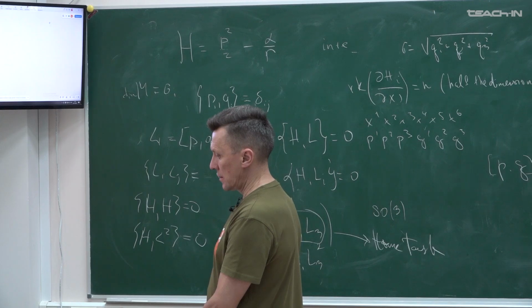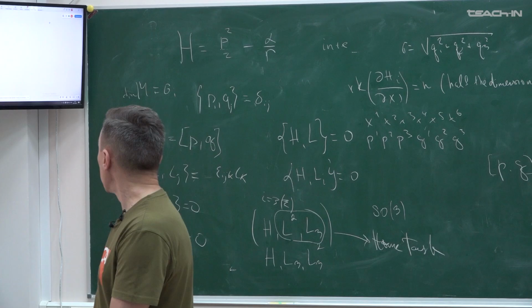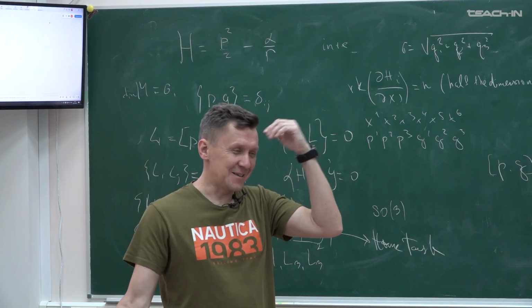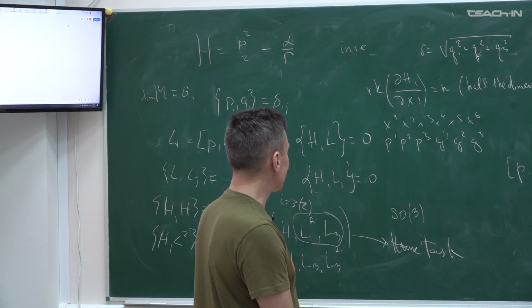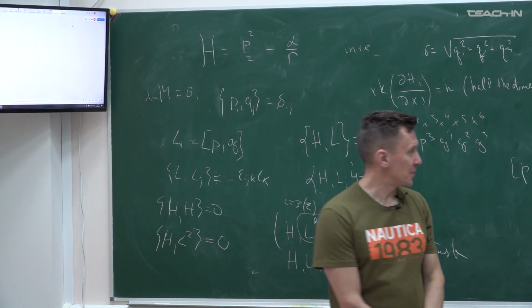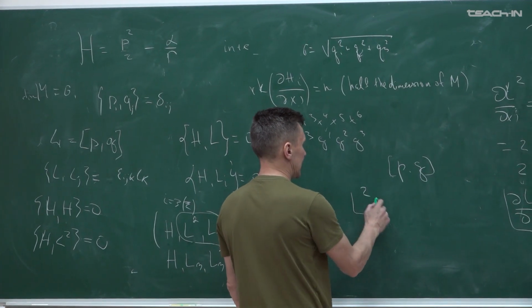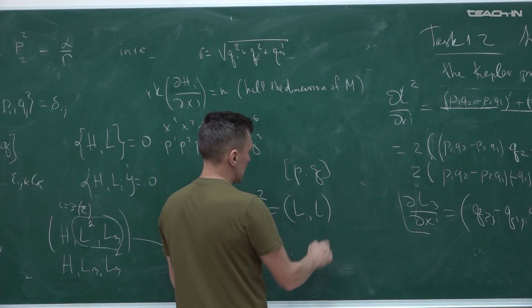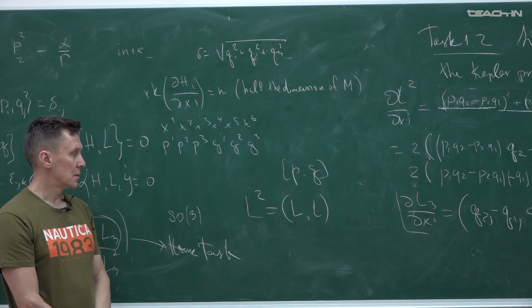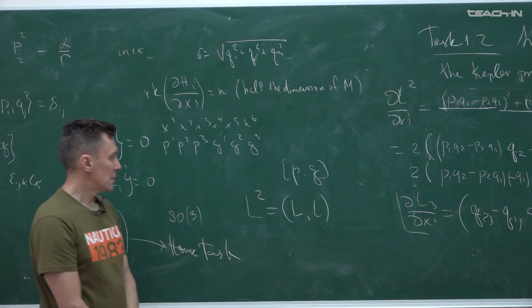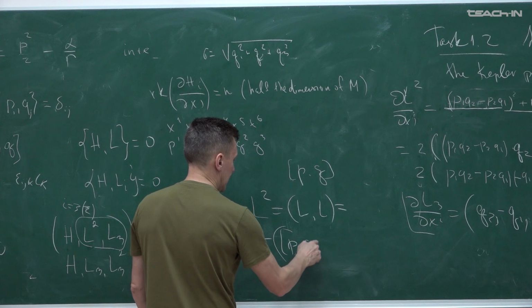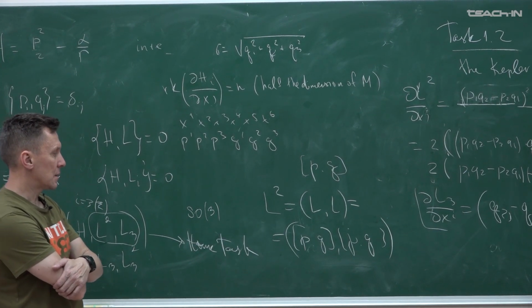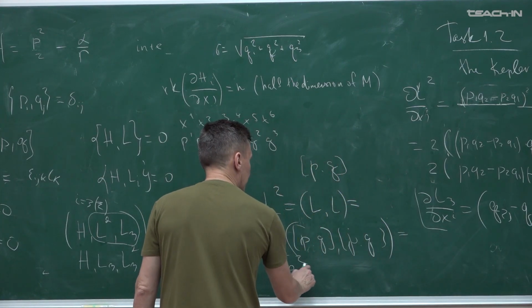And L square is this thing, the inner product with itself. It is P vector product Q inner product P vector product Q. So it's equal to P square Q square minus the square of the inner product of P and Q.